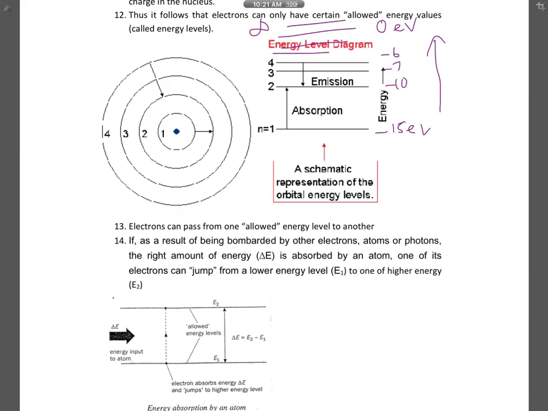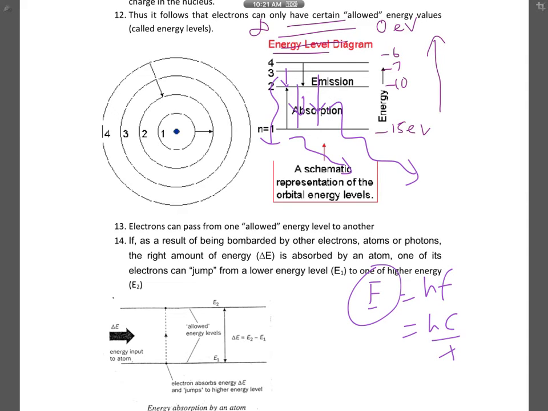So from here to here, it falls, it will generate a photon. If it falls from here to here, another photon. Every time it falls, it generates a photon. And since the energy of the photon is given by what formula? E equals hf or hc over lambda, right? So every time you lose energy in the form of a photon, you produce a specific frequency or wavelength.